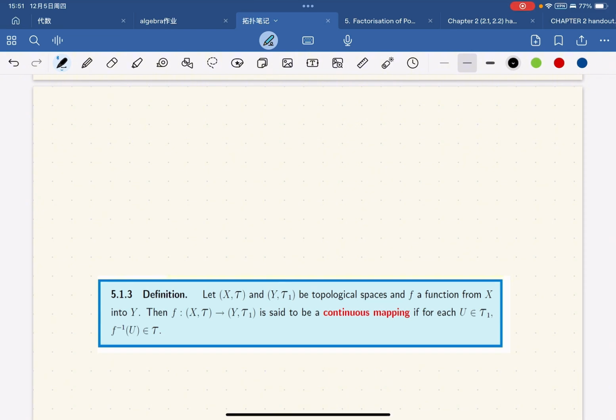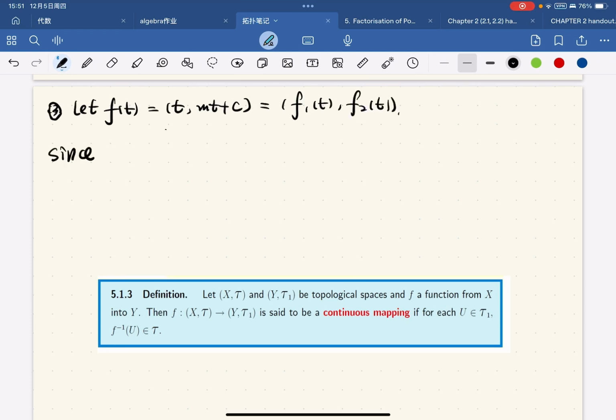Third, we need to show that for any open set V in tau, f inverse of V is also in tau 1. We can break the map into two parts. Let f(t) equal (t, mt plus c), equal to (f1(t), f2(t)).